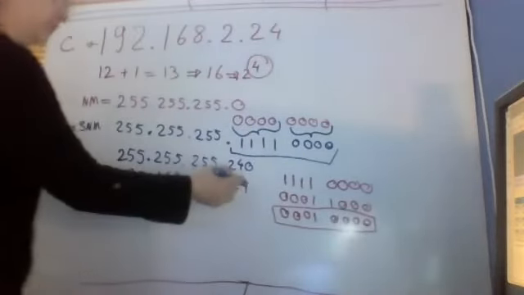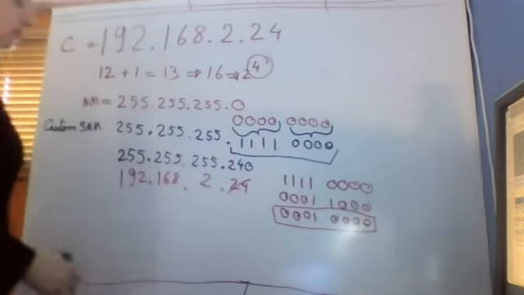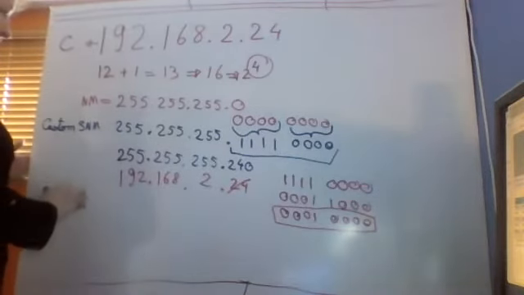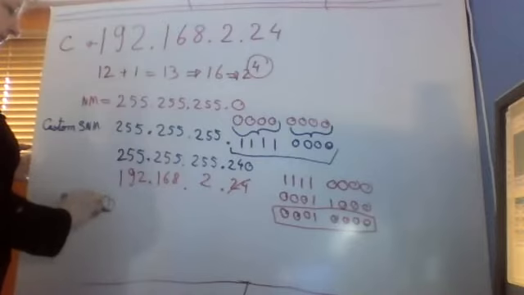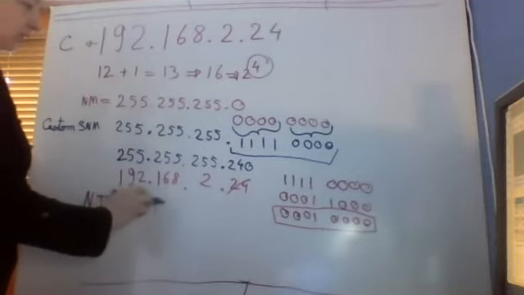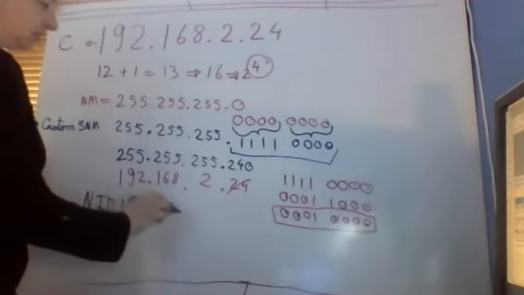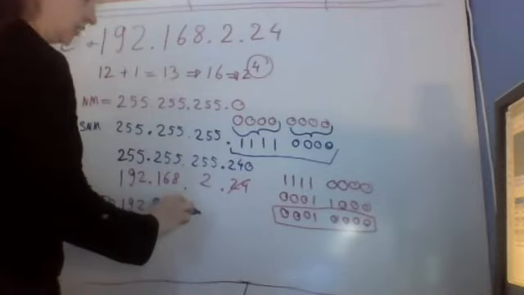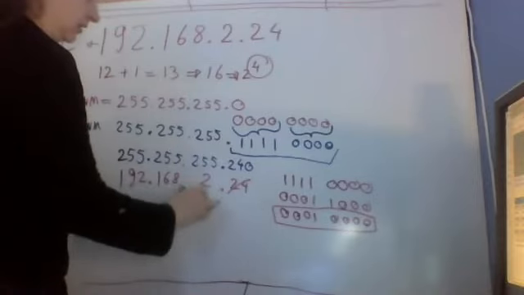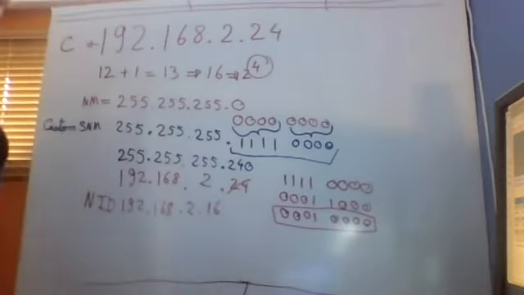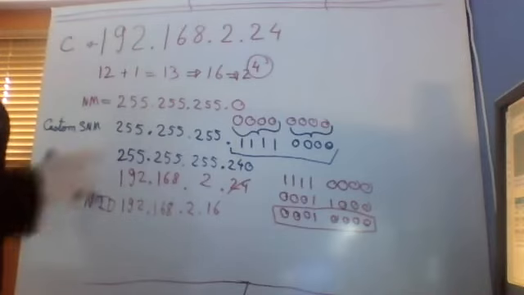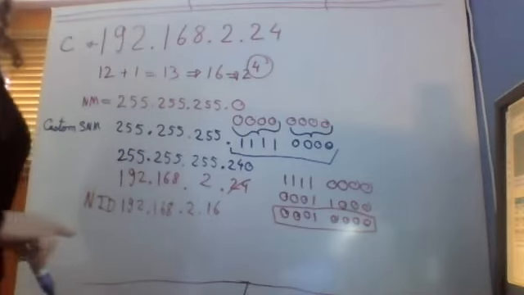This will replace this octet to give us our network ID. So our network ID is 192.168.2.16. Okay, so that's our network ID.